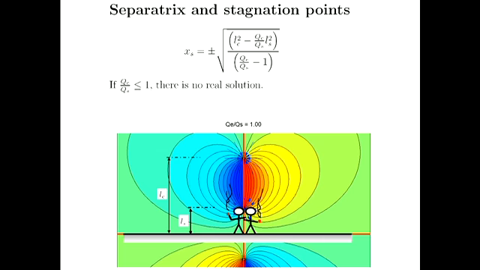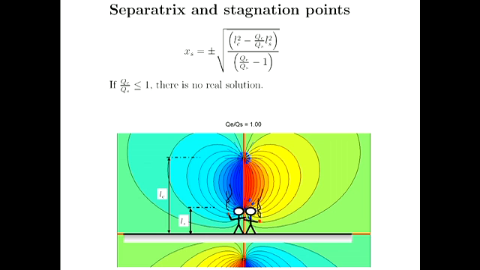And what you should see is that if QE on QS is less than or equal to 1, there is no real solution to that equation, all right? Algebraically, that's very easy to see, right? If QE on QS is less than 1, this term on the bottom is going to be negative, this term on the top is still going to be positive, and we're going to be taking a square root of a negative number, which is going to have no real solutions, all right?